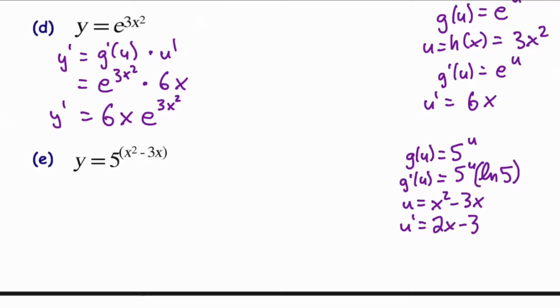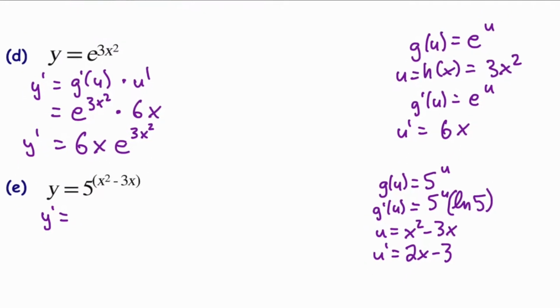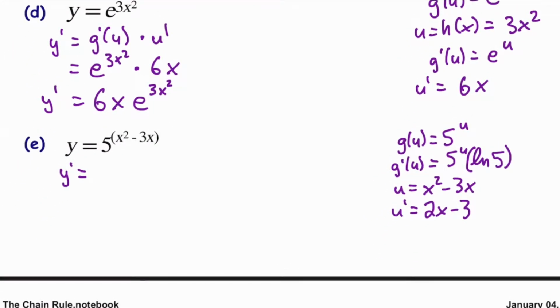So let's do up our derivative here. y prime is equal to the derivative of our outer function, which is going to be 5 to the u times ln 5. Remember, we know what u equals, so we can plug that in right away. And that is x squared minus 3x, times my u prime, which is 2x minus 3.